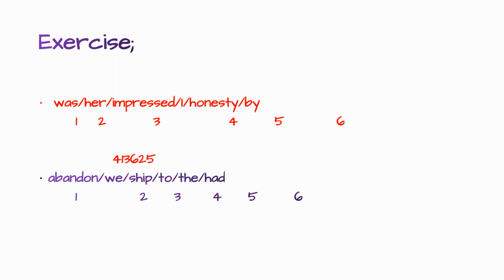Try to rearrange them. Word 1 is abandon, 2 is we, 3 is ship, 4 is to, 5 is the, 6 is had.